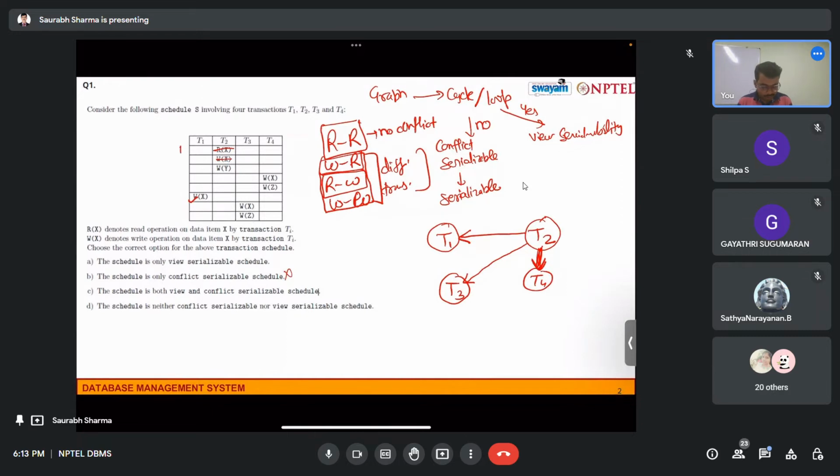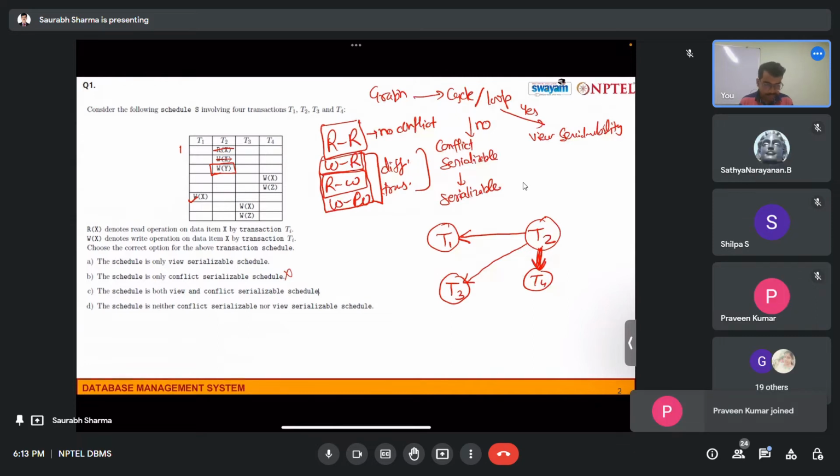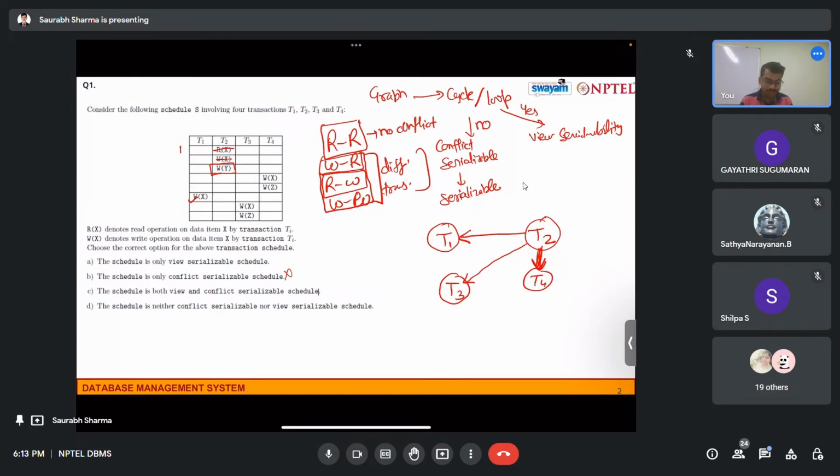From Wy we have to search for either Wy or Ry. Is there any? I am not able to see anything like Wy or Ry in different transactions, so there will be no edge from T2 due to this Wy.